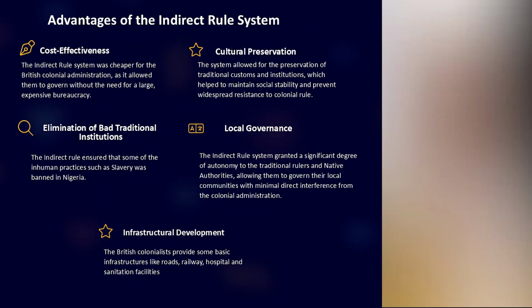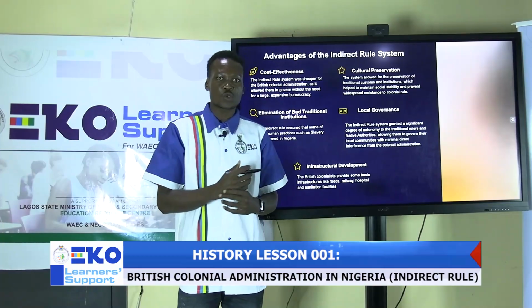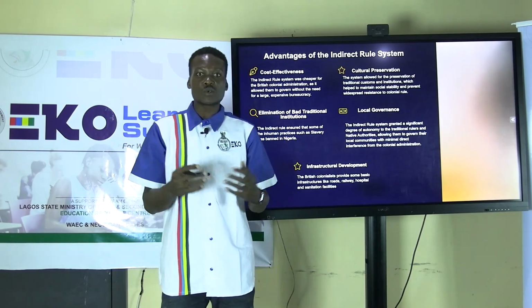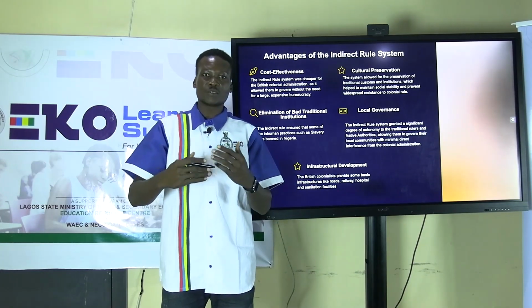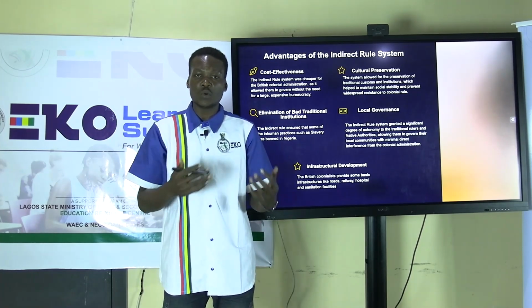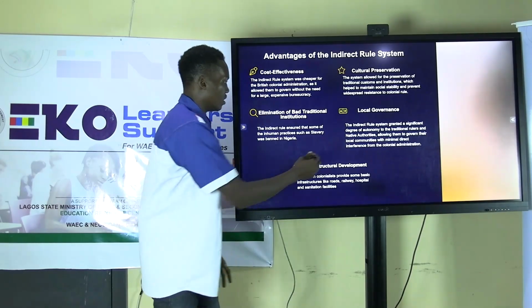I said earlier that the indirect rule system relies solely on the traditional rulers, who have a certain degree of autonomy. Also, infrastructural development. The British colonialists ensured that they brought some development in our infrastructure, such as railways, roads and other things.